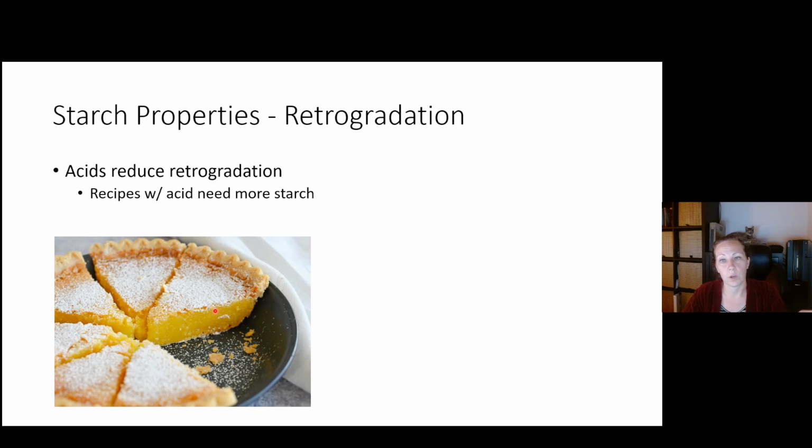And so you're going to want to add some extra starch to make up for that. Also, things that you can do to help with that is with like a lemon pie, you add that acid very last and cool it quickly so that it has less interaction and time to affect it.